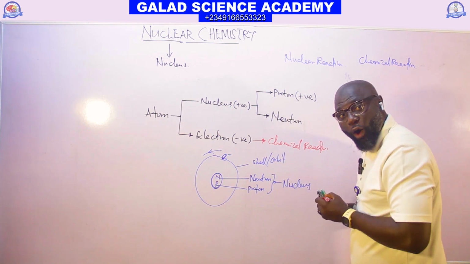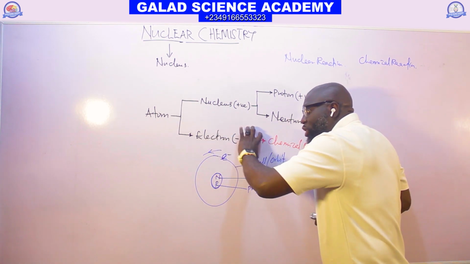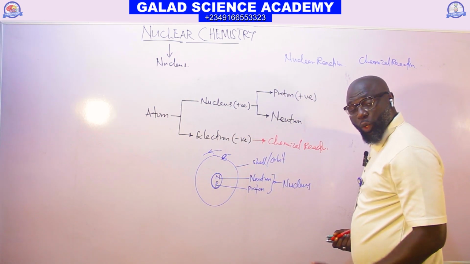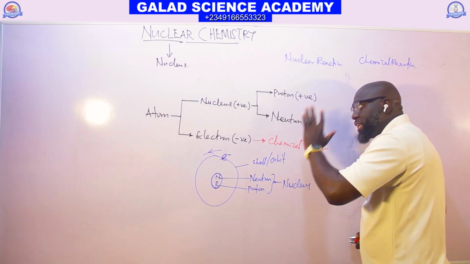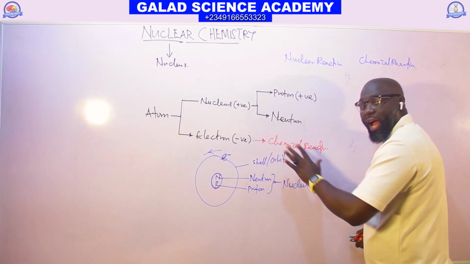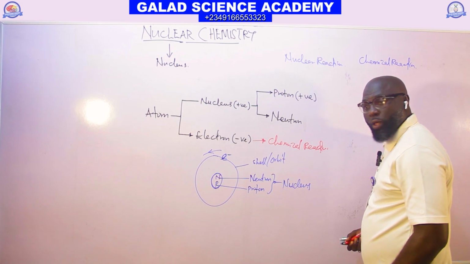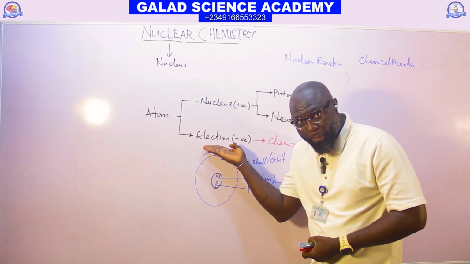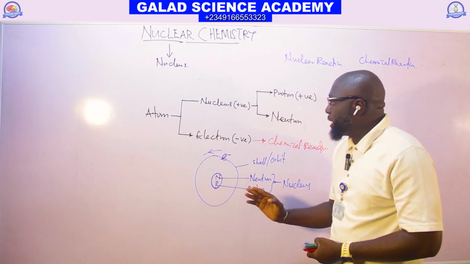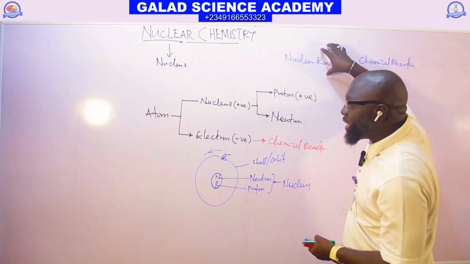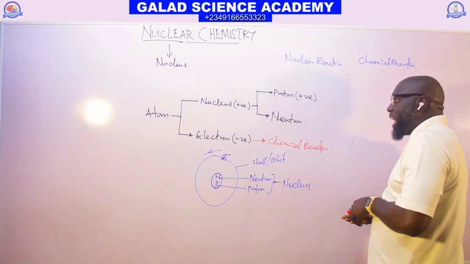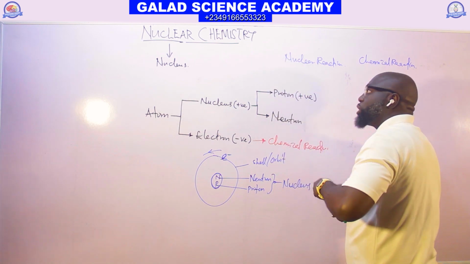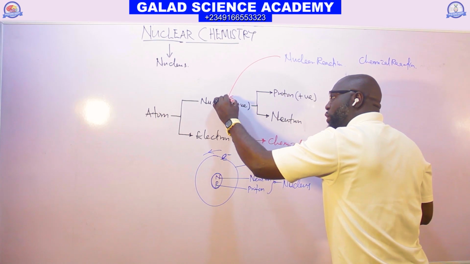Any reaction that involves the transfer of electron, valency electron, is called a chemical reaction. So the chemical reaction deals with the electron transfer. But nuclear reaction is a reaction that is majorly concerned with the nucleus of an atom.